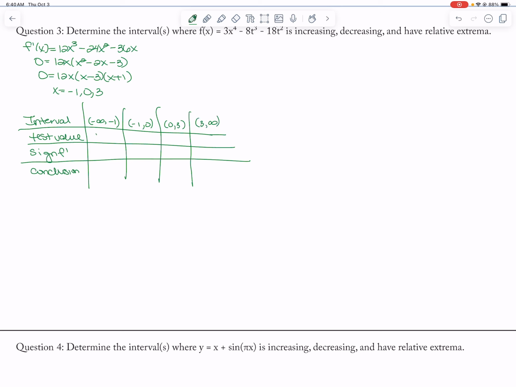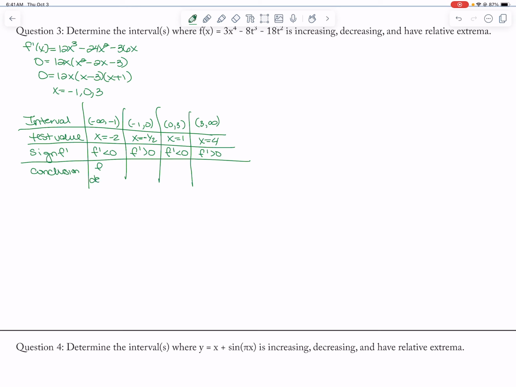Okay, so now I have x is equal to, let's say, negative 2, x is equal to negative 1/2, x is equal to 1, and x is equal to 4. So my f prime is negative, positive, negative, positive: less than 0, bigger than 0, less than 0, and bigger than 0.